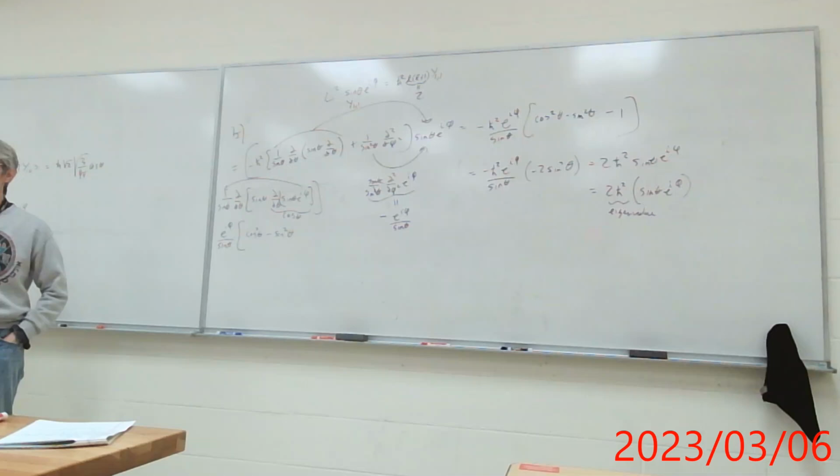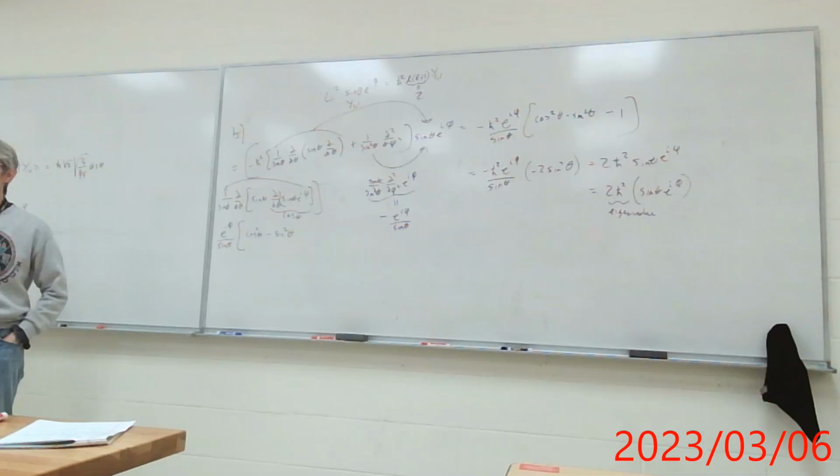I don't know. So we're going to transform that gradient, that del operator, into spherical coordinates. I can never remember how to do that, so I always look it up. Fortunately, there are books where you can look it up. I have a CRC math tables, and maybe you do too, or you can look online, I suppose.